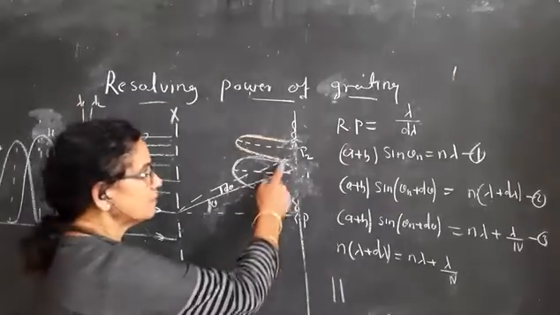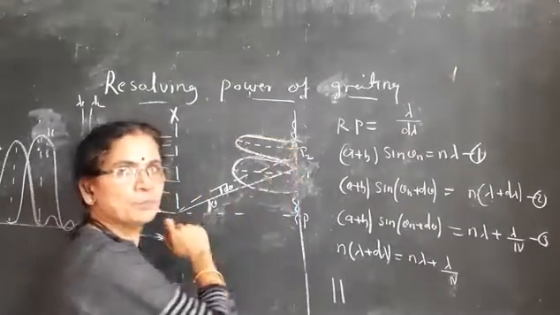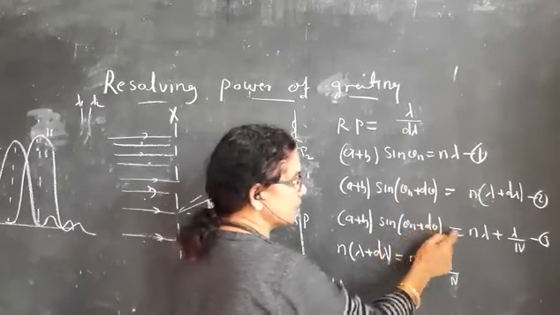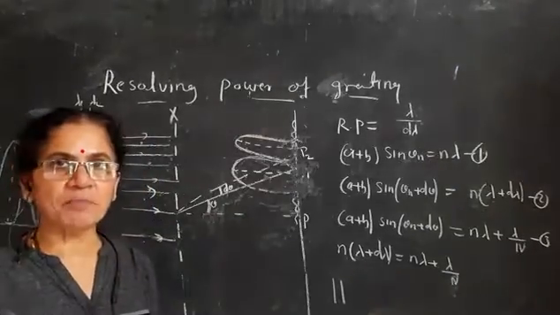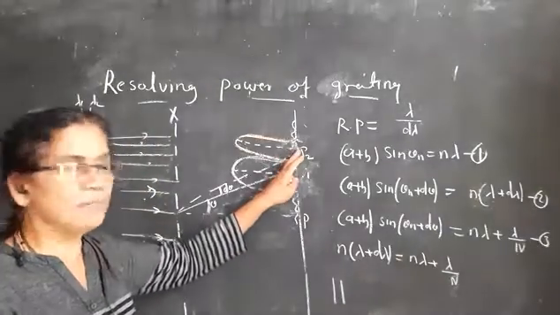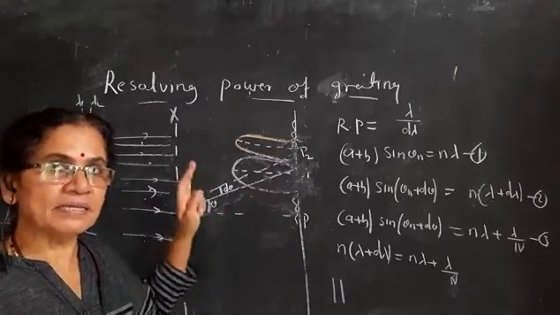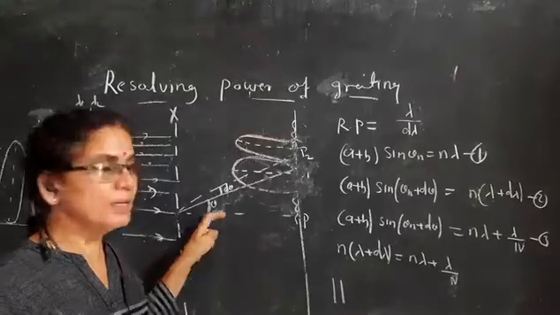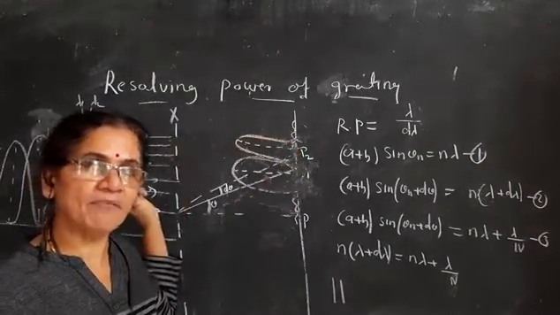Understood, when it will come at a point P2. So the condition (A plus B) sin (theta n plus d theta), means in the direction of theta n plus d theta, you get the minima of the first one. Pay attention: the angle of diffraction is theta n plus d theta, but point P2 will be a minima of the wavelength lambda 1.